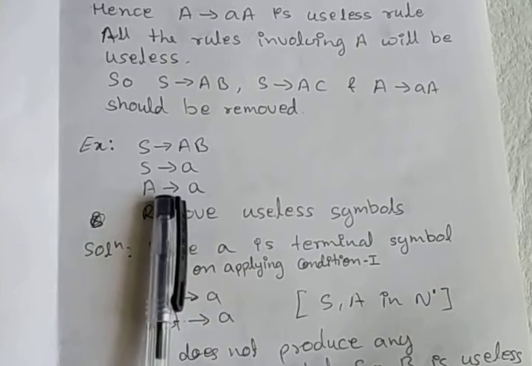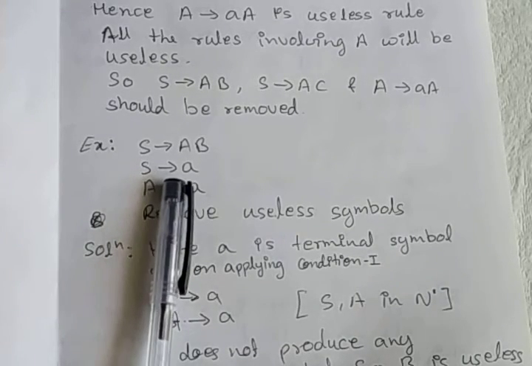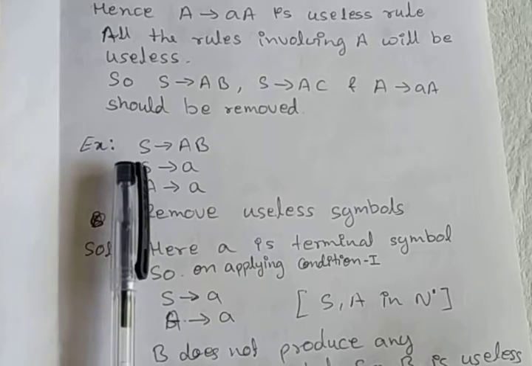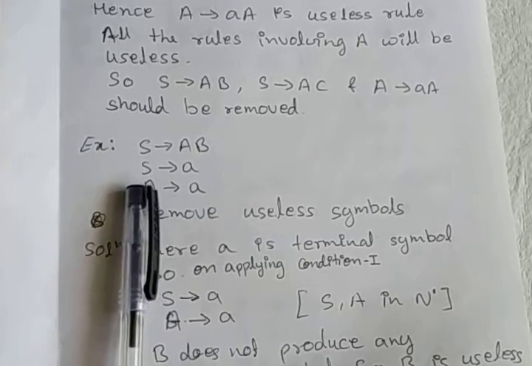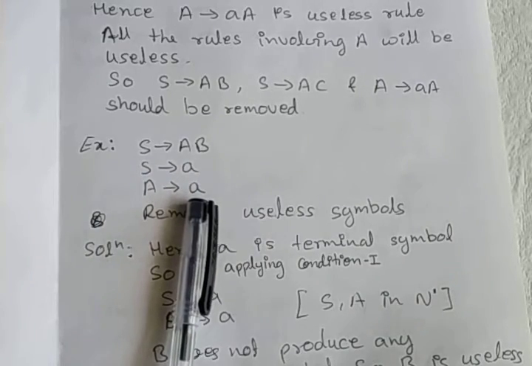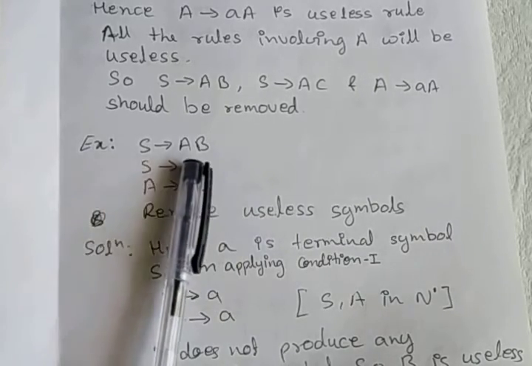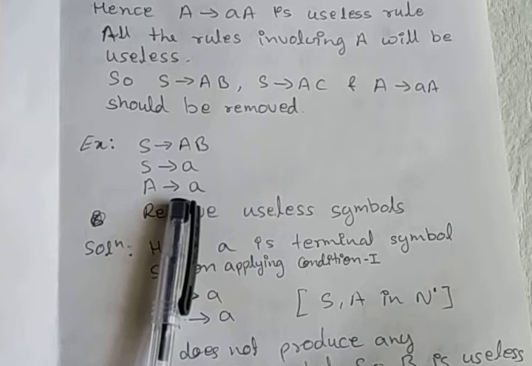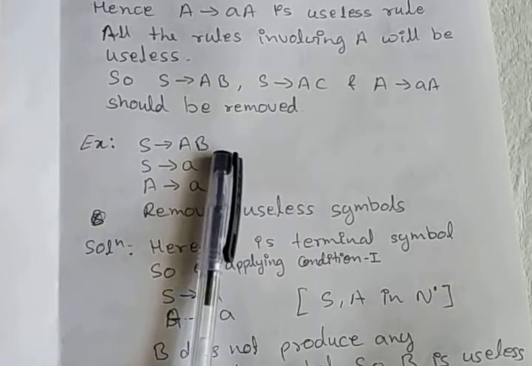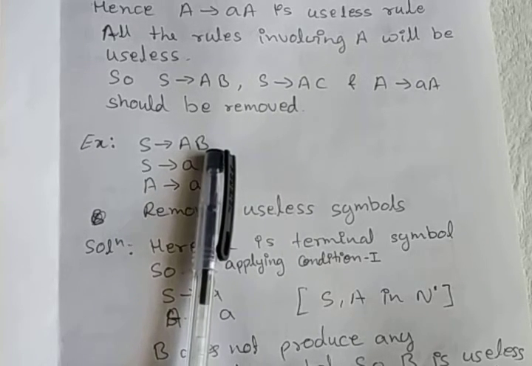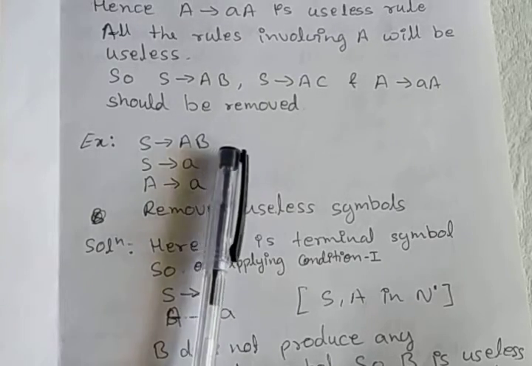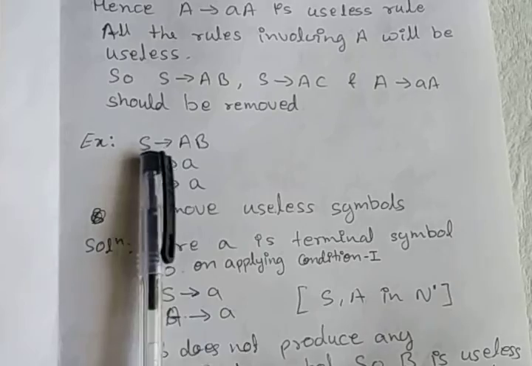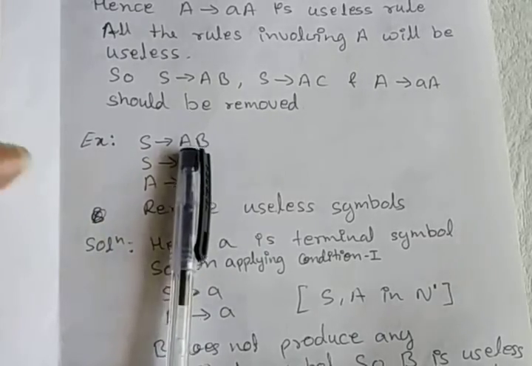So after applying first condition, that every non-terminal should generate some terminal string, then we can have S tends to A and A tends to A. But because B does not derive any terminal symbol, B is a useless symbol, and hence this rule becomes useless. Right?